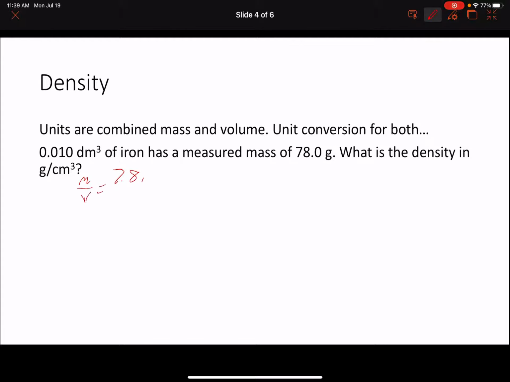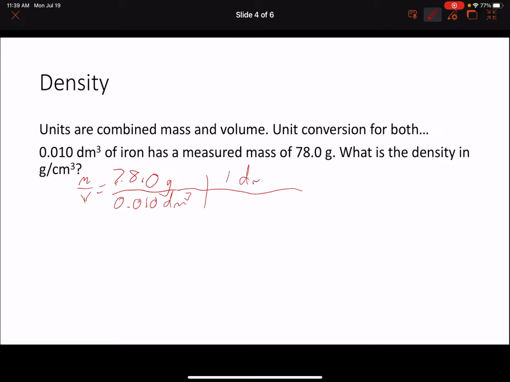If we go back to our equation, we write 78.0 grams divided by 0.010 decimeter cubed. Now we need to convert decimeter cubed to centimeters cubed.